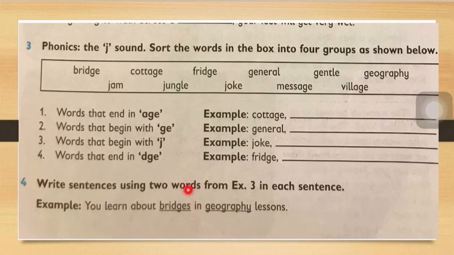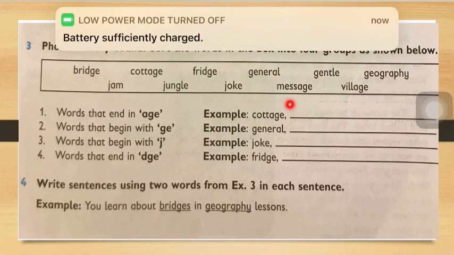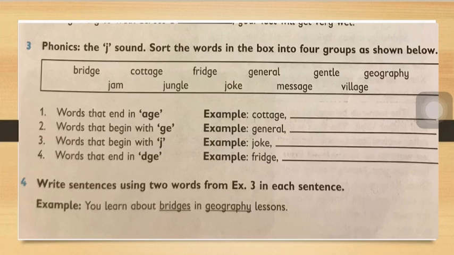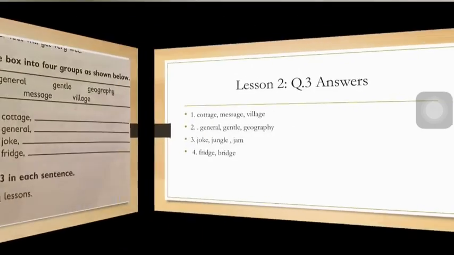Again, 2 words have been used. Now let me quote an example here. For example, my uncle Tom lives in a cottage near the jungle. Again, I have used 2 words from the exercise.